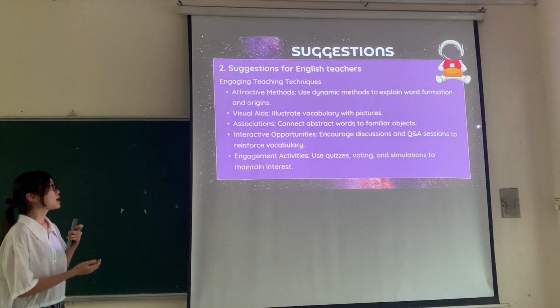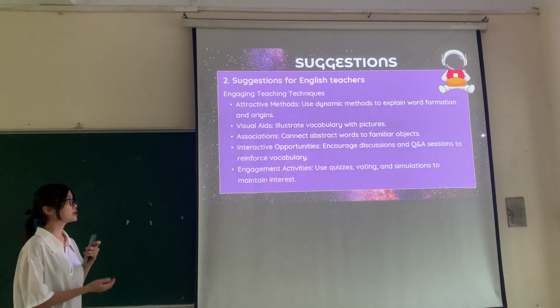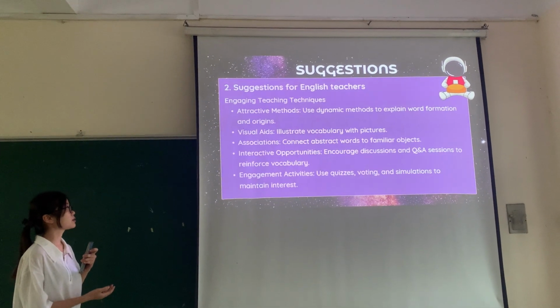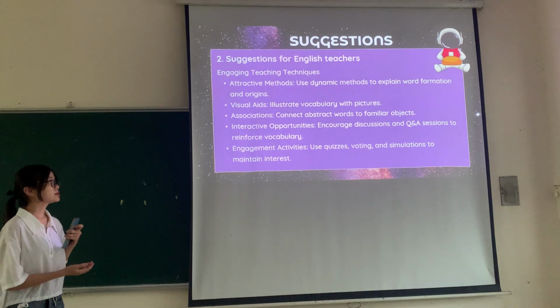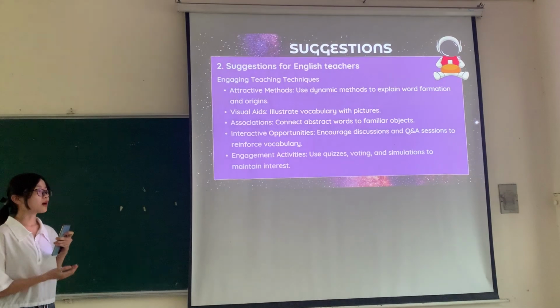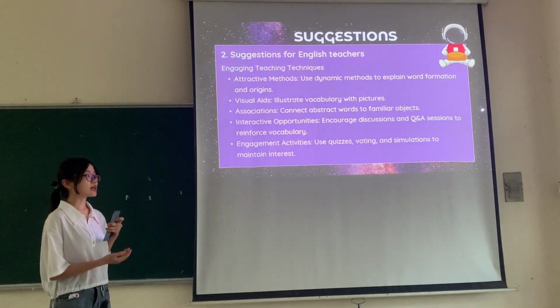Next, we need to have some interesting teaching methods, like the etymological method, to explain verb formation and origin. We need to connect abstract verbs to familiar objects, or use some pictures to explain the verb easily.